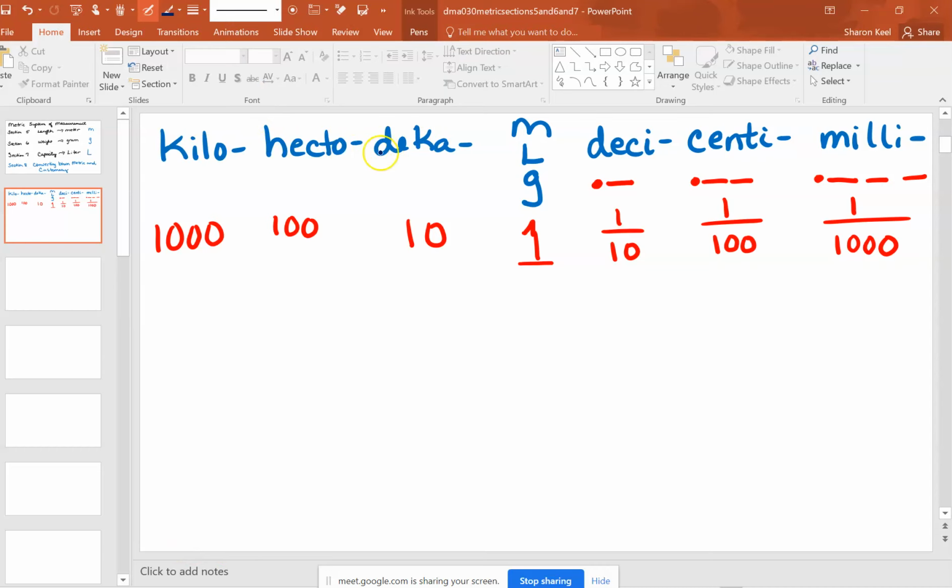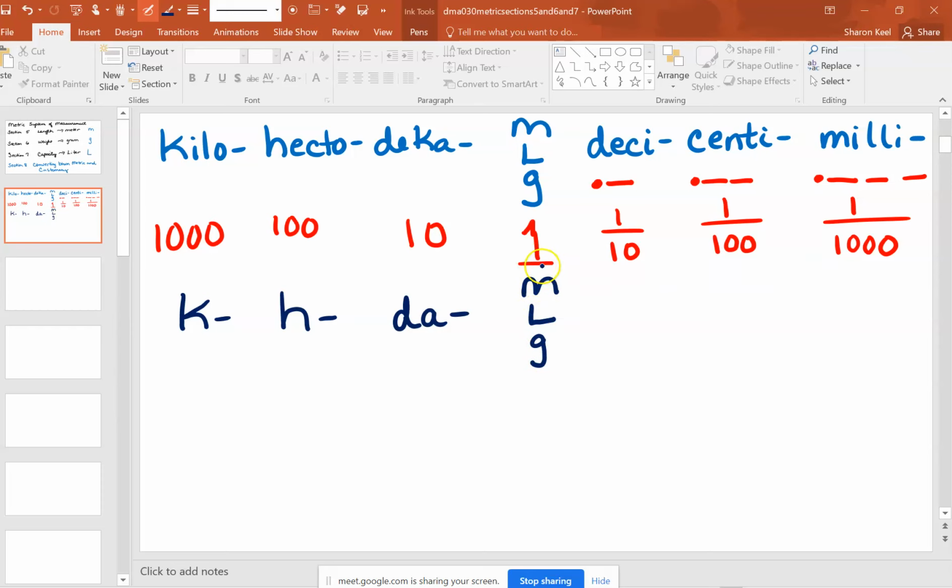Each of our prefixes, we will have an abbreviation that we will use with all of the different prefixes as well. Kilo is going to be a K. Hecto is going to be an H. Deca is DA. Then here we have the meter, the liter, the gram.